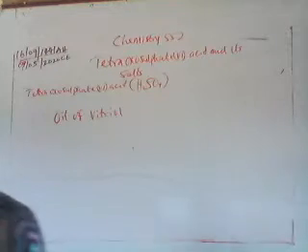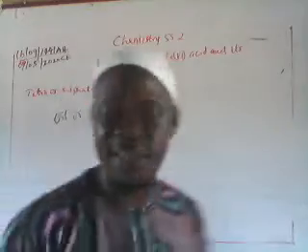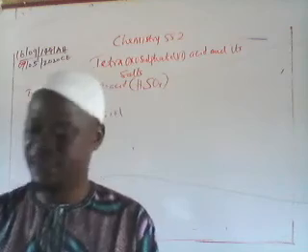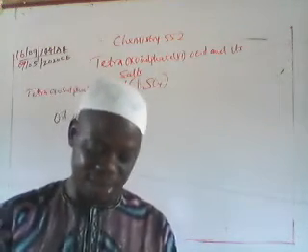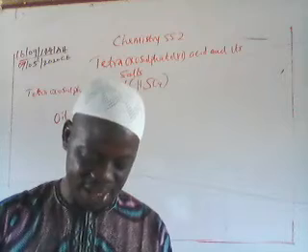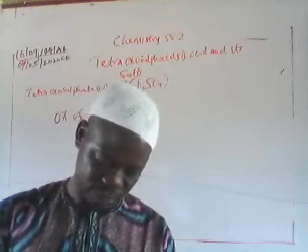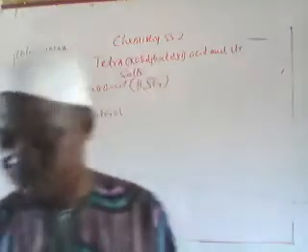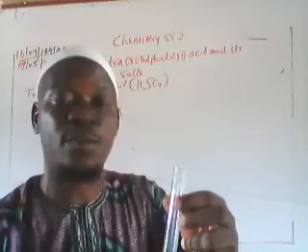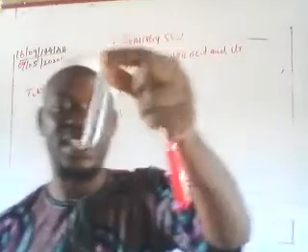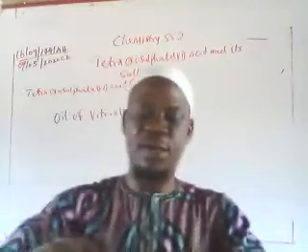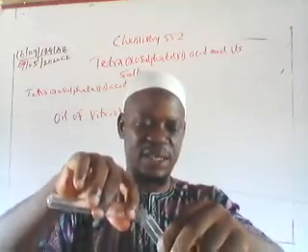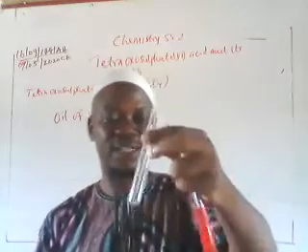But that is not so when concentrated tetraoxosulphate(VI) acid reacts with metals, especially metals like copper and zinc. If you add some drops of the concentrated acid to zinc dust, instead of liberating hydrogen gas, sulfur(IV) oxide is liberated.